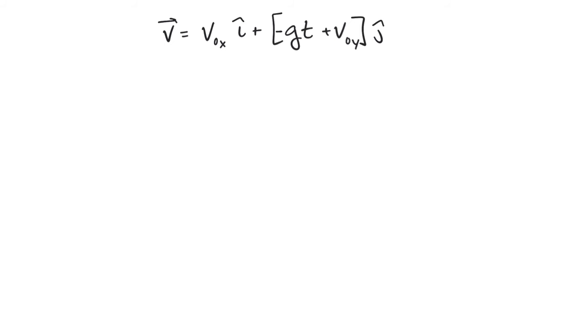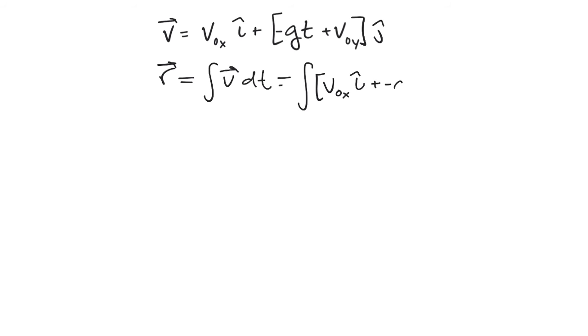Now we're going to go find the position vector. The position is r, and that's the integral of velocity dt. So we're going to have to take the integral of v naught x in the i direction plus negative gt plus velocity naught in the y direction times j.